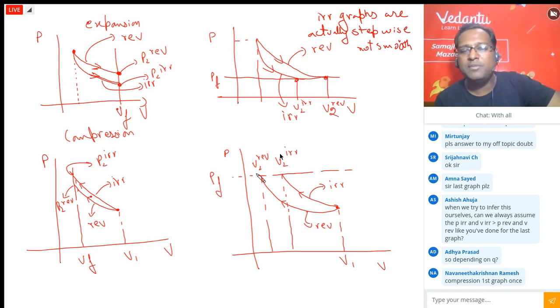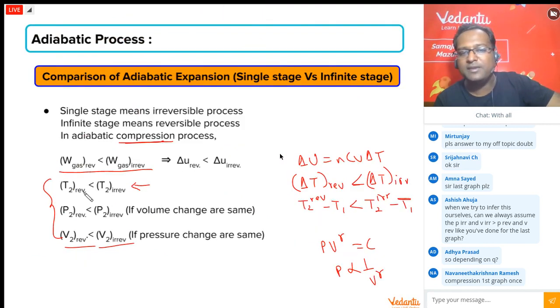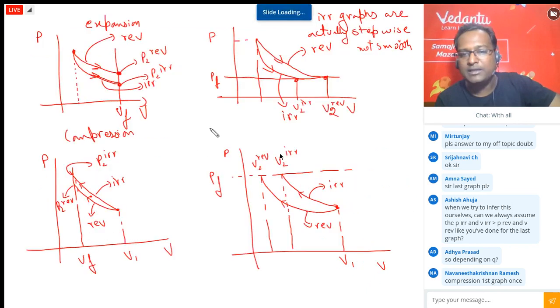Compression means heating. And from there, we had arrived at this equation. So using this, I concluded that V2 irreversible will also be higher than V2 reversible. Then I marked these values or these points. I was not able to conclude it via the work argument.